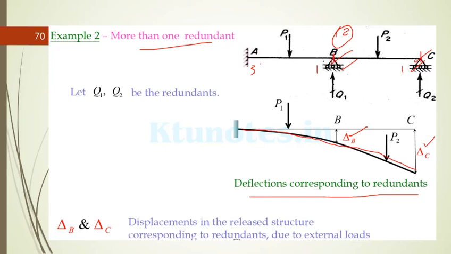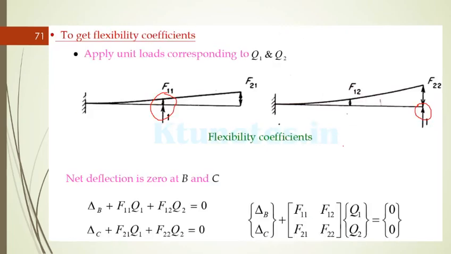That is, this is the actual displacement if there is no support, delta B and delta C. So this reaction is preventing the beam from bending in this way, right? So delta B plus F11 Q1 plus F12 Q2, which is the displacement here, and delta C, the free displacement, plus F21 Q1 plus F22 Q2, the displacement at the point here, is equal to 0.